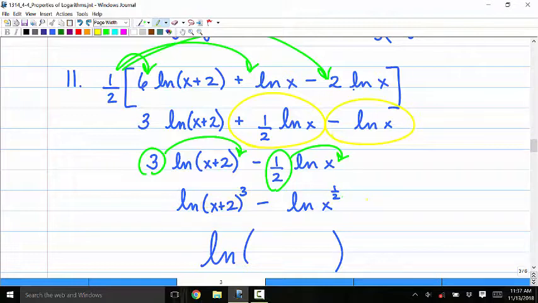So I'm going to do the ln of x plus 2 cubed over x to the 1/2. If I don't like writing x to the 1/2, I can write that as the square root of x.